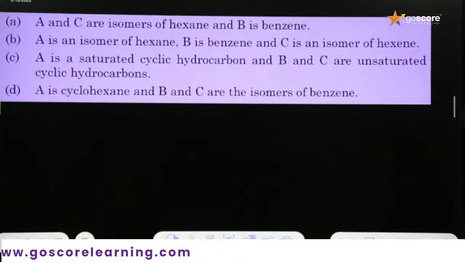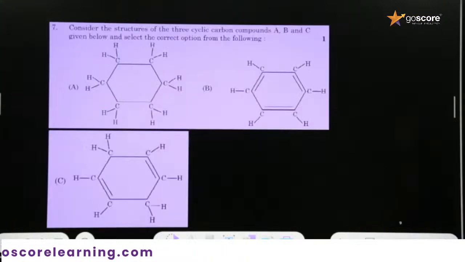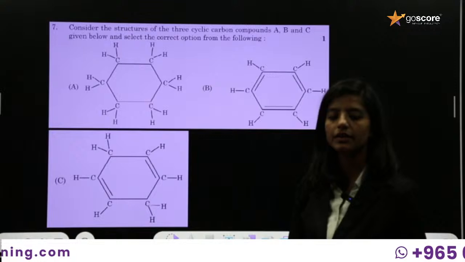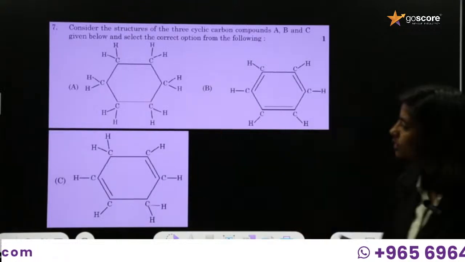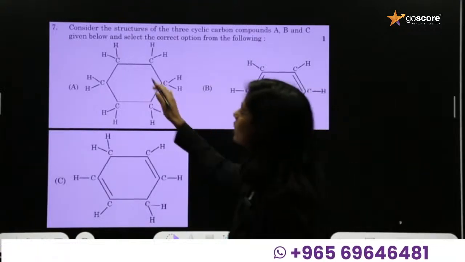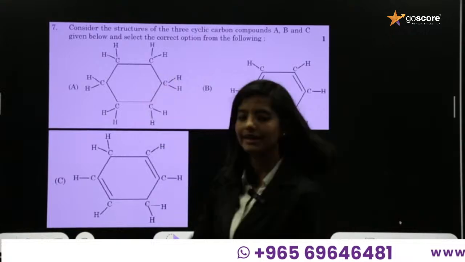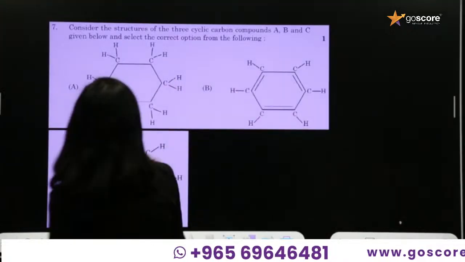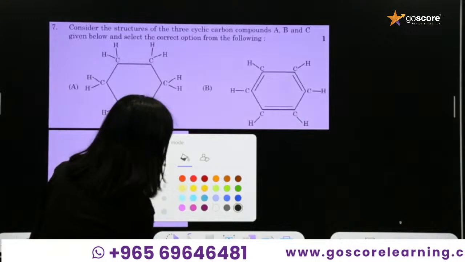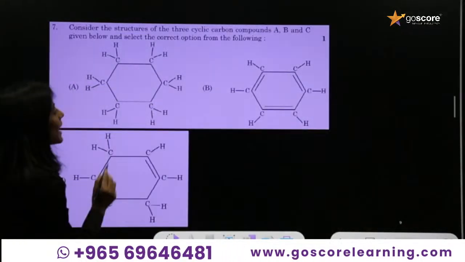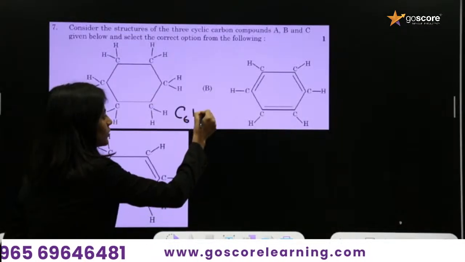What do you think the right answer will be? I'll give you a chance to look into the structures again. Coming to A, we know that it is a cyclic structure, so it will have the formula C6H12.